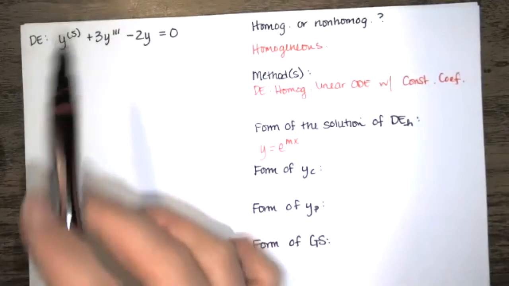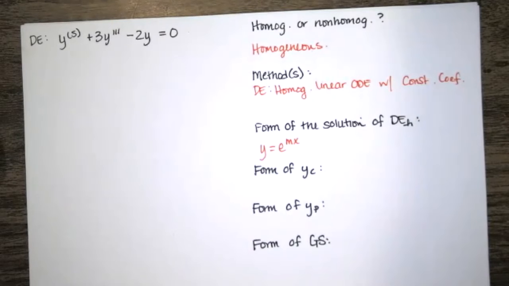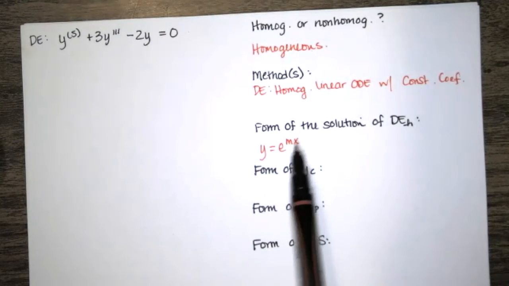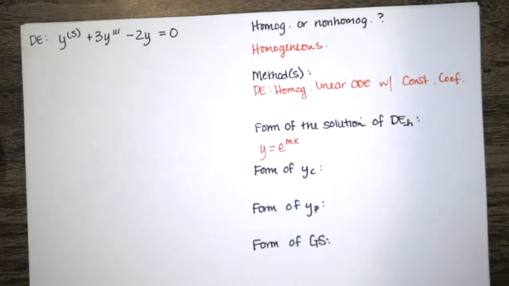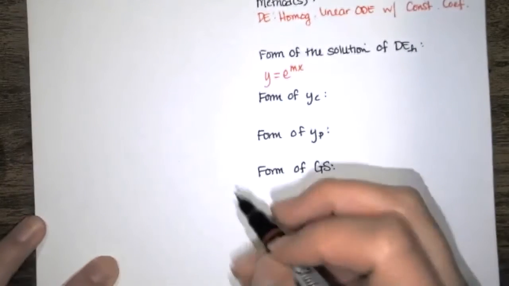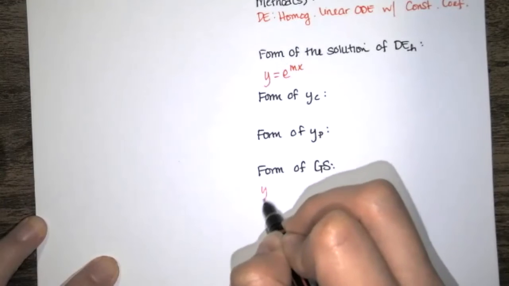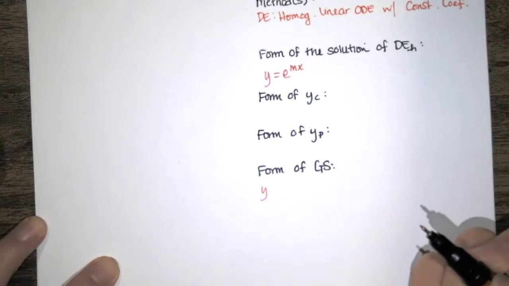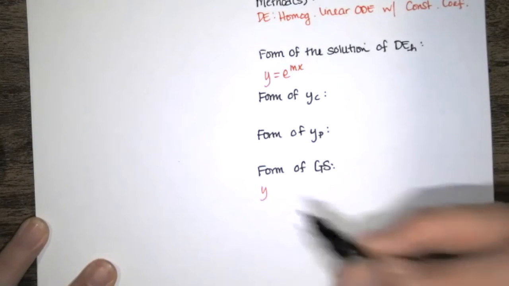So this will correspond to a 5th degree characteristic polynomial, or characteristic equation, which involves a 5th degree polynomial in m set equal to 0. So we're going to have 5 values of m that will cause functions that look like this to be solutions to that equation. And so in that case, we'll have 5 linearly independent solutions in our fundamental set.